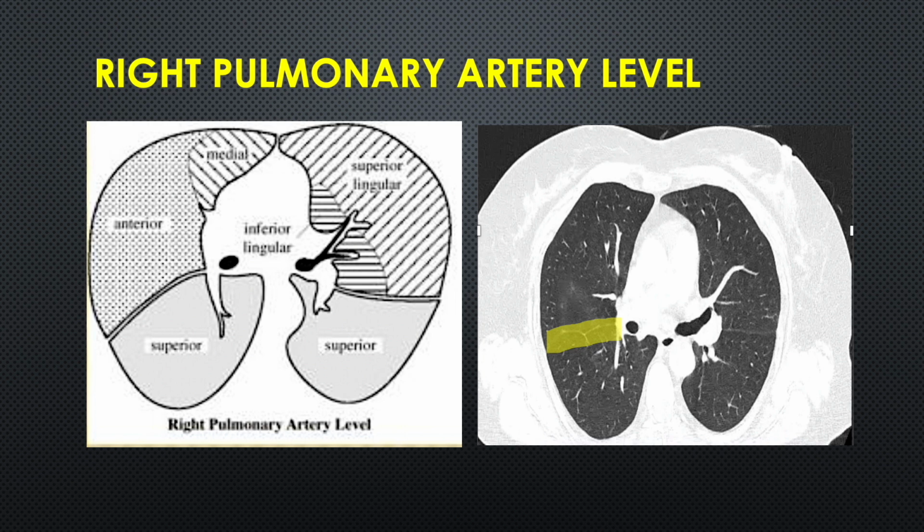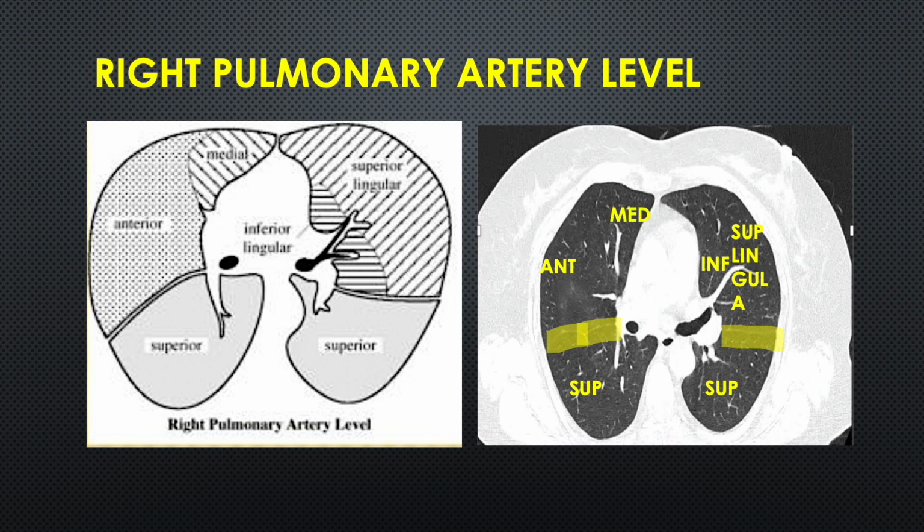So these both are the superior segments of the lower lobe, and above it we can see some part of the anterior segment as well as the medial segment here and the lingular segments on the left. You can see the superior lingular here. You can see the medial segment of the middle lobe also here, and the inferior segment lingular here.